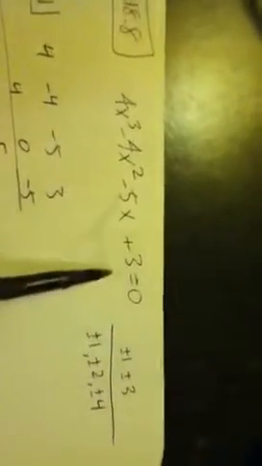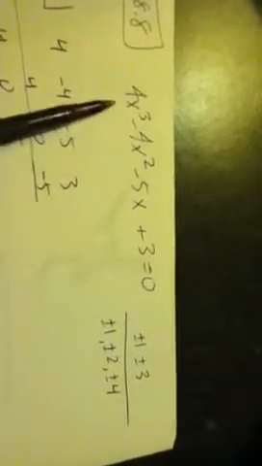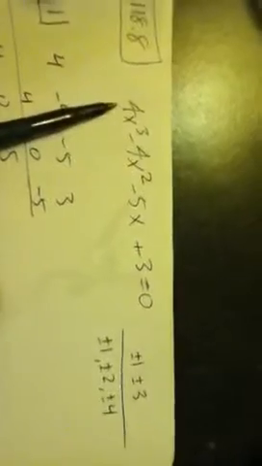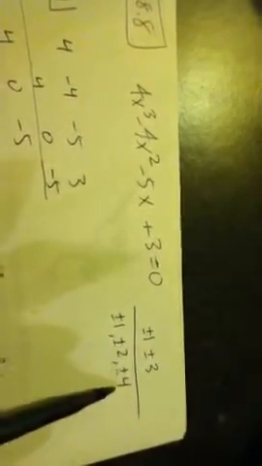That's when I'll break out this thing. But since I just taught it to you in the last lesson, I took all the factors of the constant, which are ±1, ±3, and put them on the top of a fraction bar, and then I took all the factors of 4, which is ±1, ±2, and ±4.